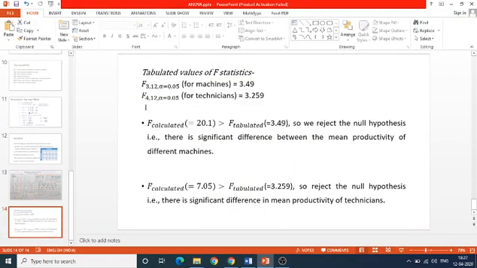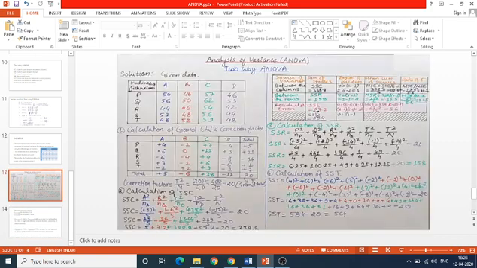Similarly, we see the value corresponding to the degrees of freedom 4 and 12, between the rows, for F2. For the MSR the degrees of freedom is 4 and for MSE the degrees of freedom is 12.